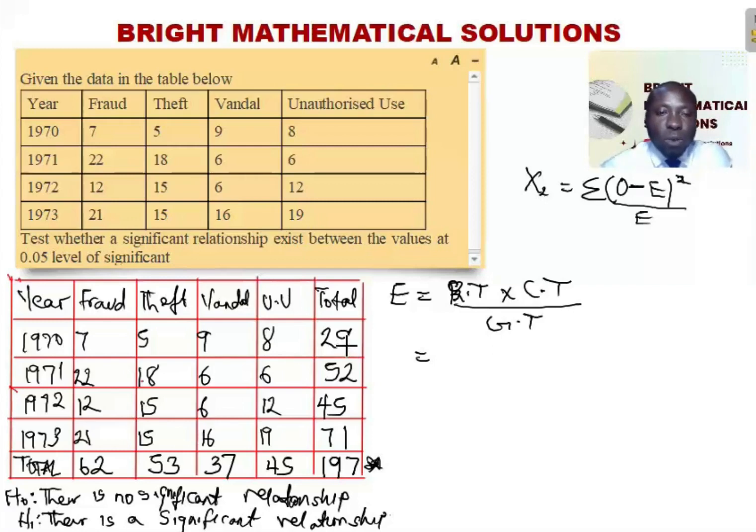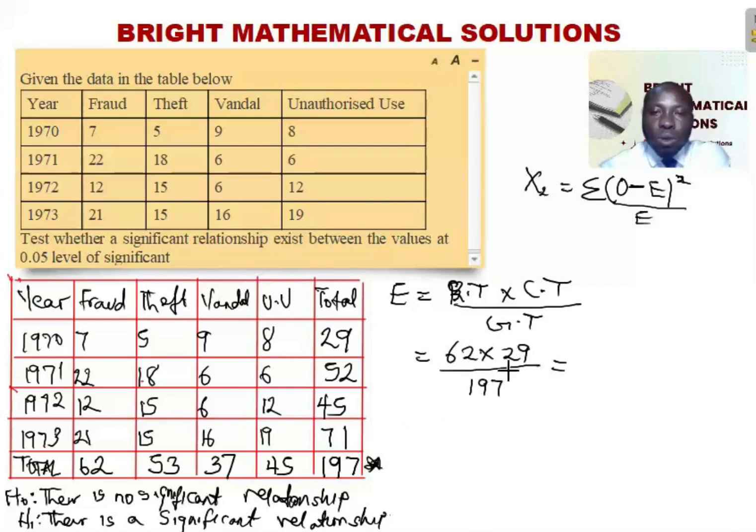So the first one, we have 62. We are looking for fraud 1970. So this is fraud 1970. So what is the total here and what is the total here? So fraud 1970, that is 62 multiplied by 29 divided by the grand total, which is 197.